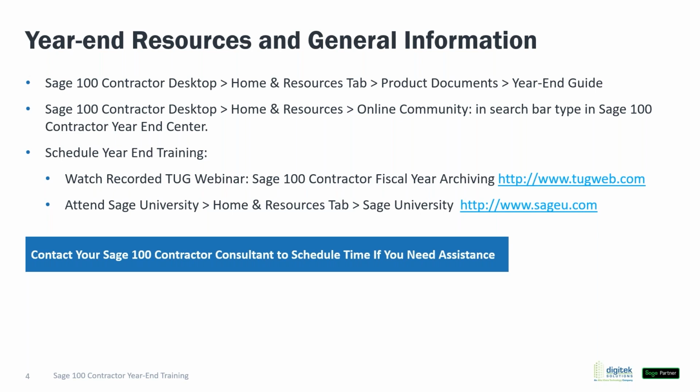Right now they're doing a presentation of year-end closings as well, in addition to what we're doing here. And then you can also always go to your Sage University. So to get to TUG, you can go to tugweb.com, or to get to Sage University, you go to sageu.com.